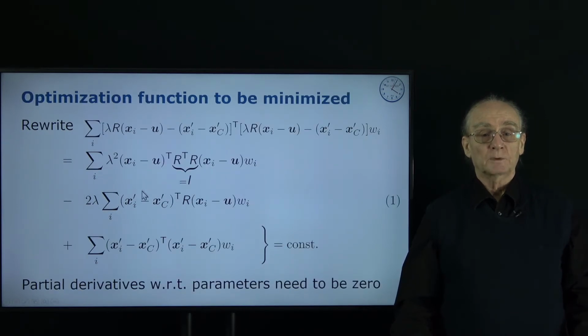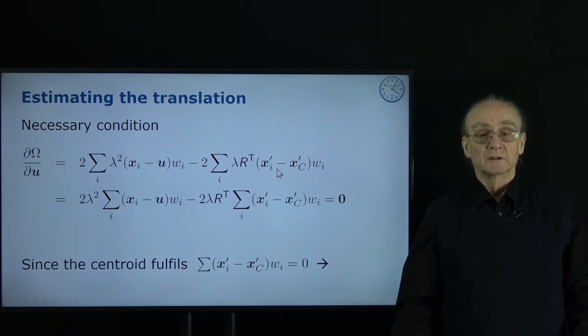Then we take this part, which is minus 2 lambda. We take the derivative with respect to u, and we get the transposed of this one, which is nothing else than this expression. That means we get 2 lambda squared multiplied with the weighted sum of the differences of the given coordinates minus the translation parameter, which we don't know, weighted, minus 2 times lambda r transposed, and the sum of these equals 0.